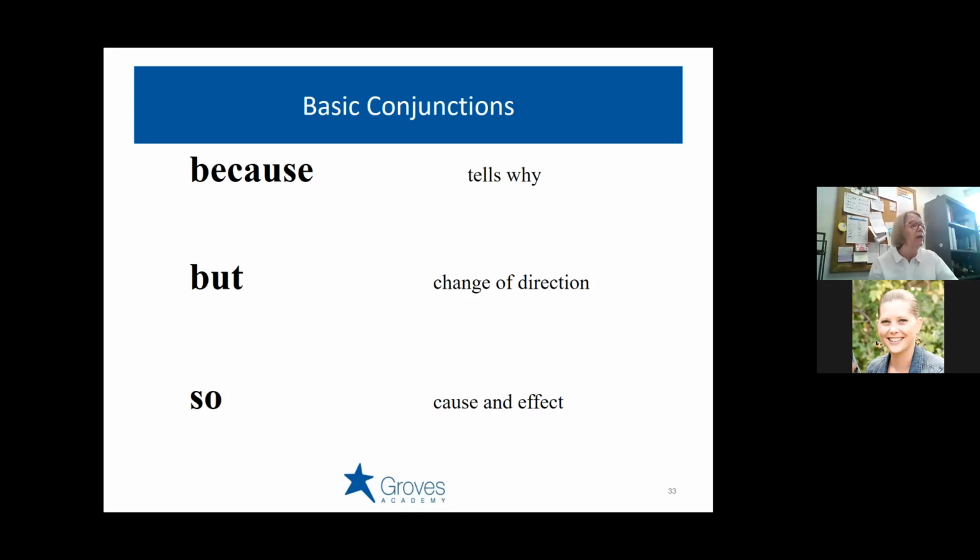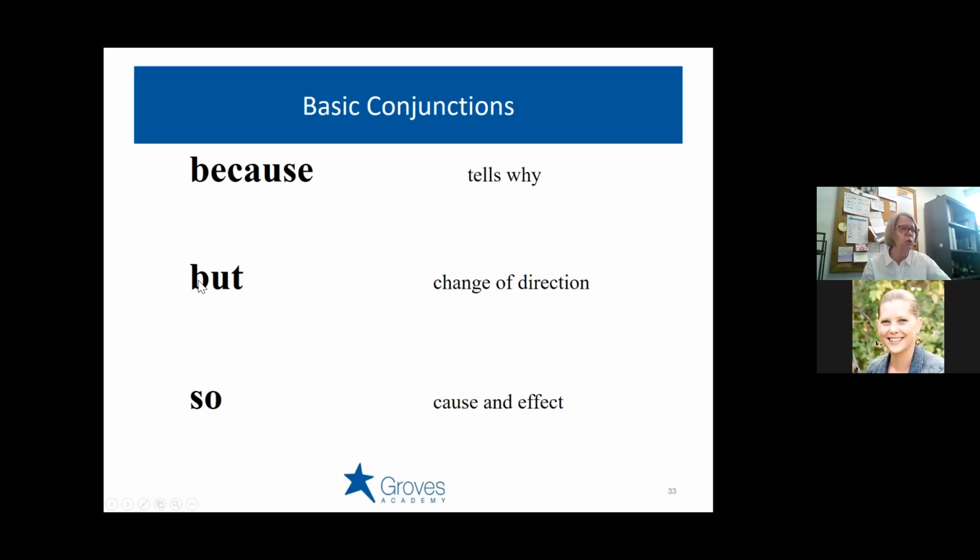Wow, okay, great. So this is the because, but, so strategy, and this is really one of my favorites. This is a way to teach basic conjunctions, and as you group them, it forces students to think about because tells why something happened, but forces students to think about a change of direction.